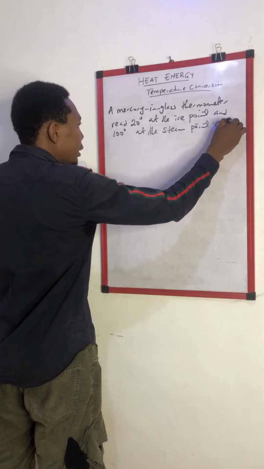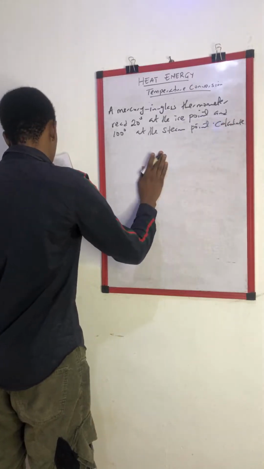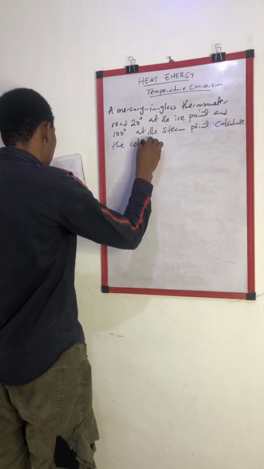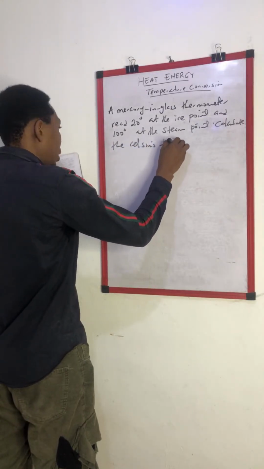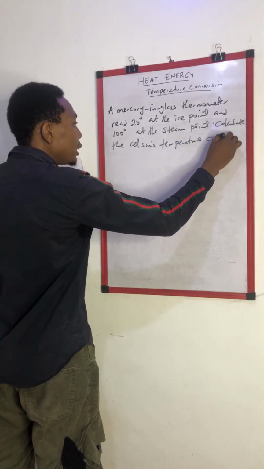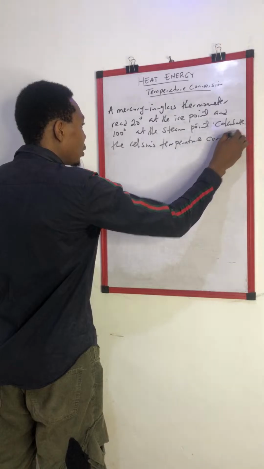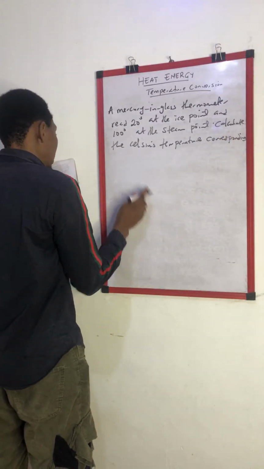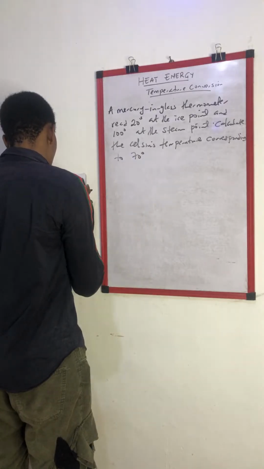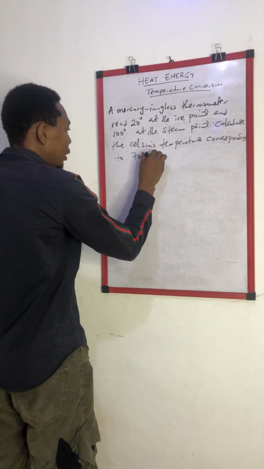Calculate the Celsius temperature corresponding to 70 degrees on the thermometer.